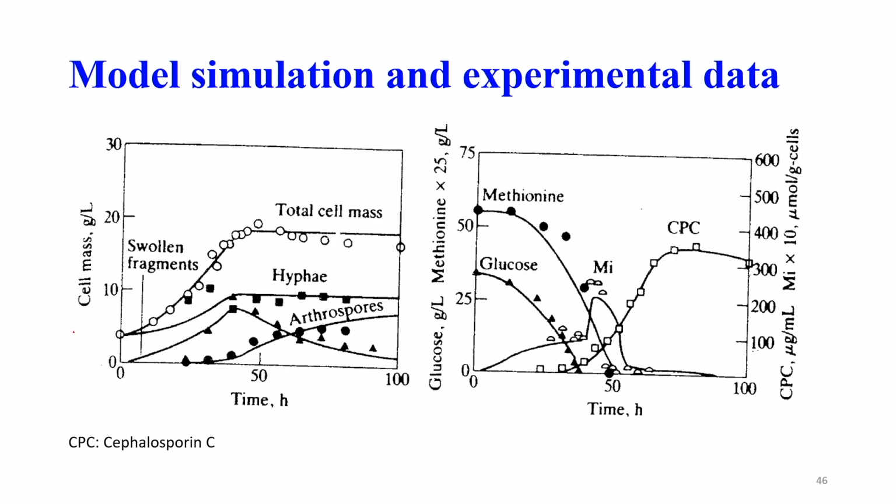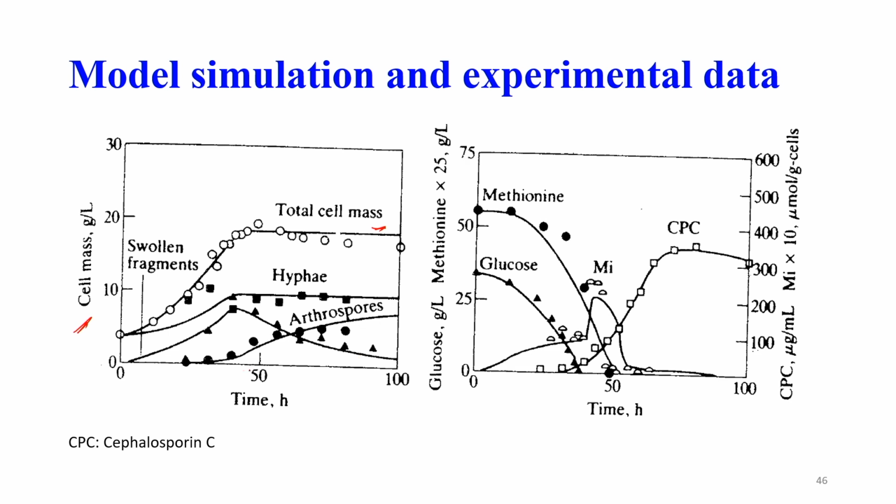Now, it is very important to see how this model predicts the experimental data. You see here the cell mass. All three are given here: swollen biomass, hyphae and arthrospore, and this is the total biomass. The points are the experimental data and the lines are the predicted data.